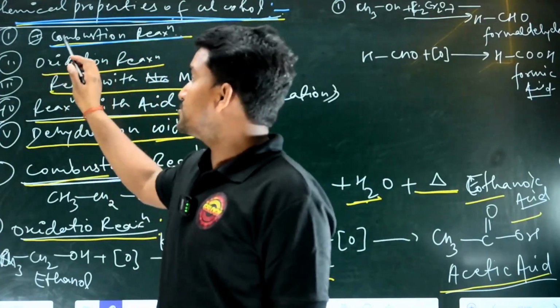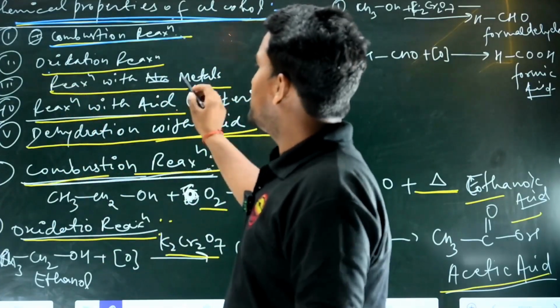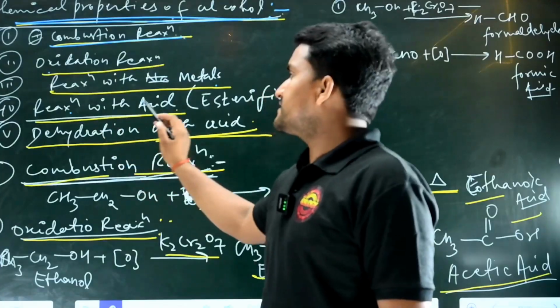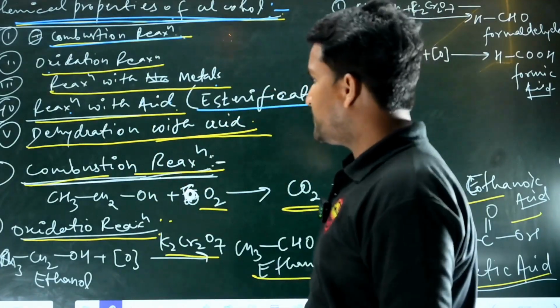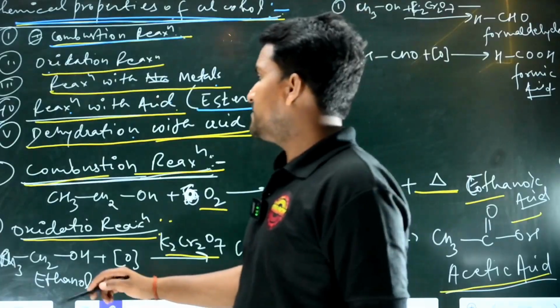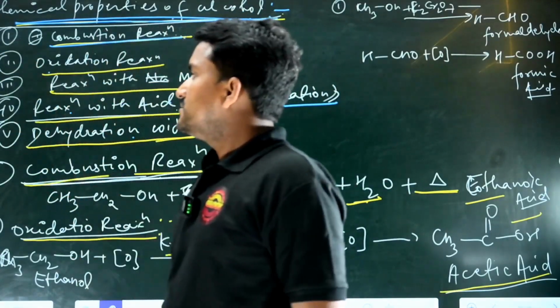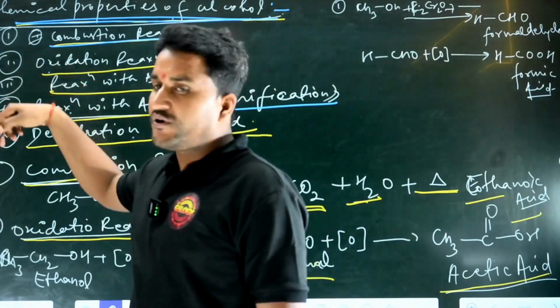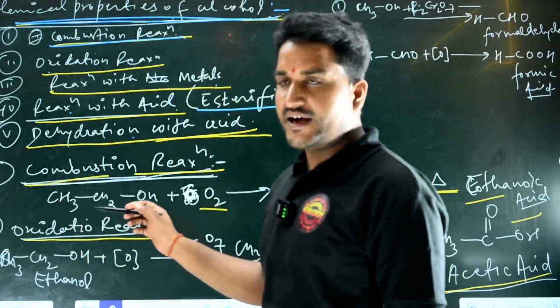Ethyl alcohol shows the combustion reaction, oxidation reaction, reaction with metal, and reaction with acid. Reaction with acid is called esterification, and fifth, dehydration with acid. Ethyl alcohol shows all these types of reactions. We will discuss them one by one.